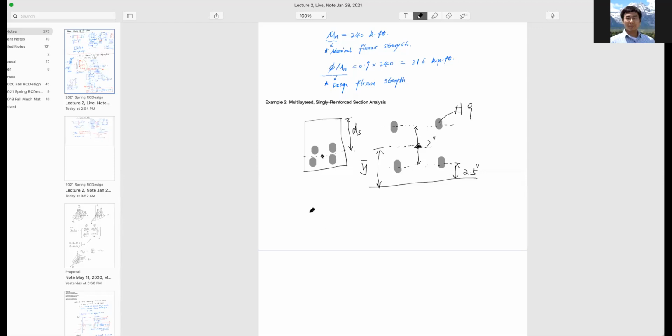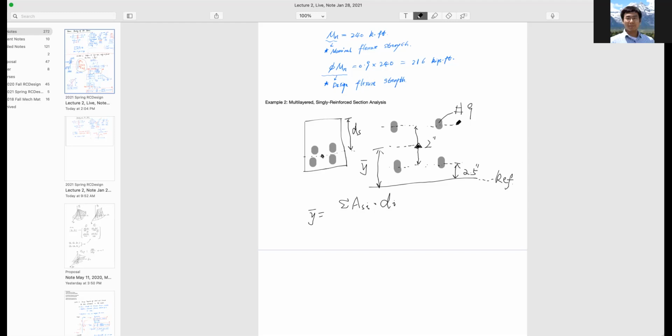Essentially y bar will equal the summation of the area of each row, ASi, multiplied by the distance of that row to the reference line. This is the reference line, the bottom line here. I'm sorry for this wiggling behavior, okay?